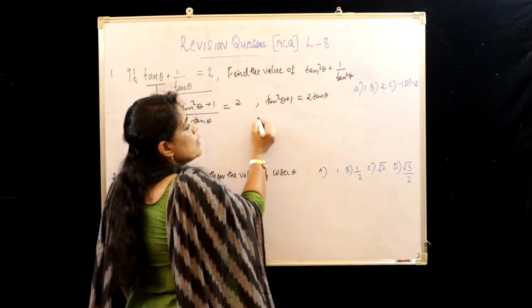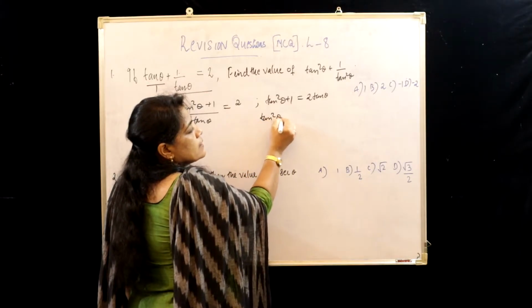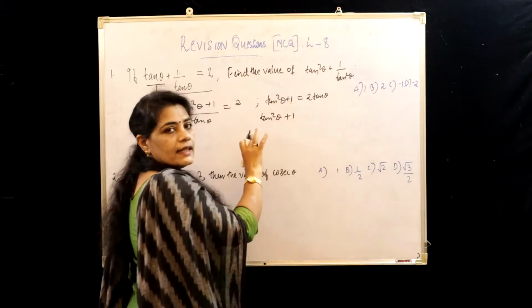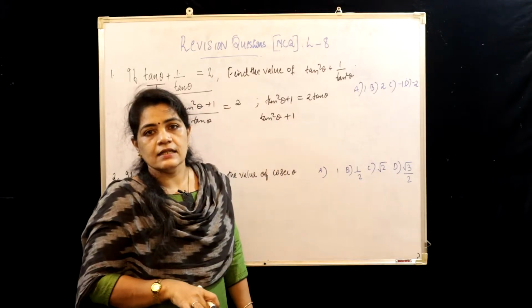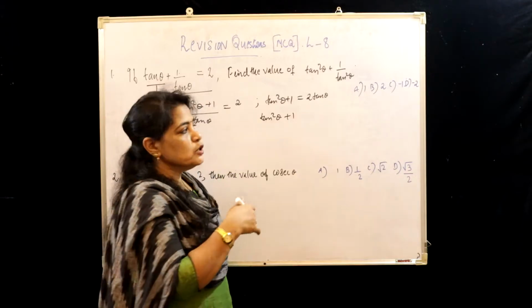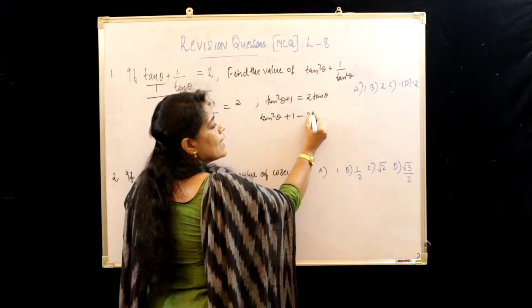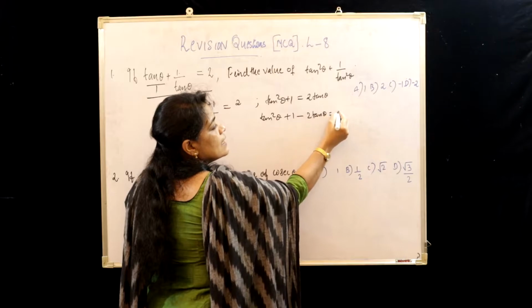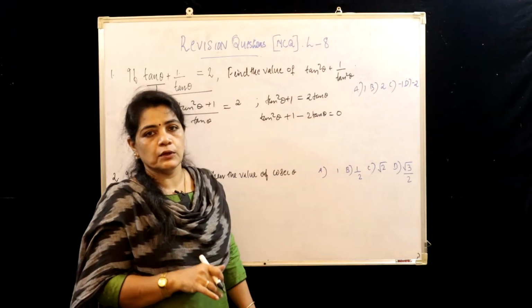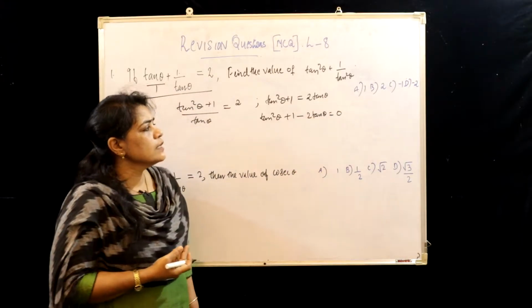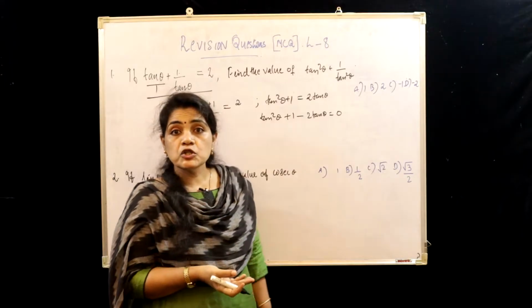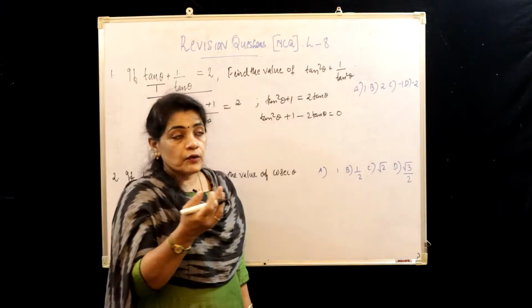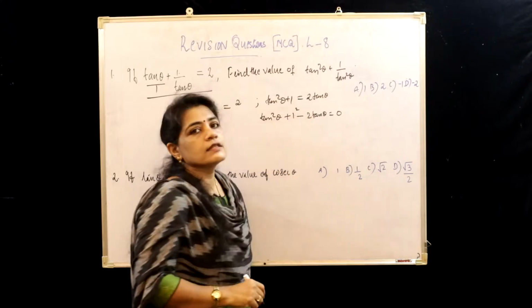So tan square theta plus 1 is already in the LHS, and now I am going to take 2 tan theta into the LHS. So minus 2 tan theta, and nothing is there in the RHS, so equal to 0. See children, what is tan square theta plus 1 minus 2 tan theta? If you want, you can treat this 1 as 1 square.